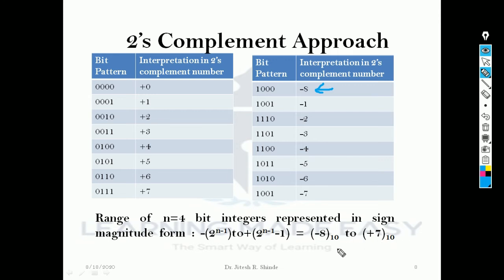The range for sign magnitude and 1's complement approach on the negative side was minus 2 to the power n minus 1, minus 1. Now in 2's complement approach, this minus 1 is not coming here. This is the major difference between 2's complement approach compared with 1's complement and sign magnitude approach used for the representation of signed numbers.